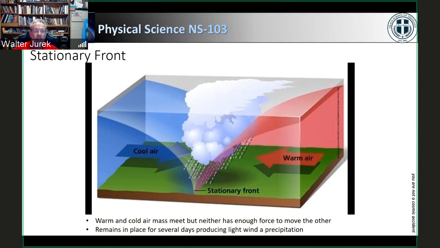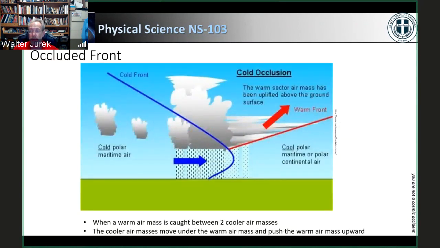And there's this other kind of front called an occluded front. Kind of similar to a cold front, but it's when you get a warm air mass caught between two cold masses. And the colds go under and the warm gets shoved up.